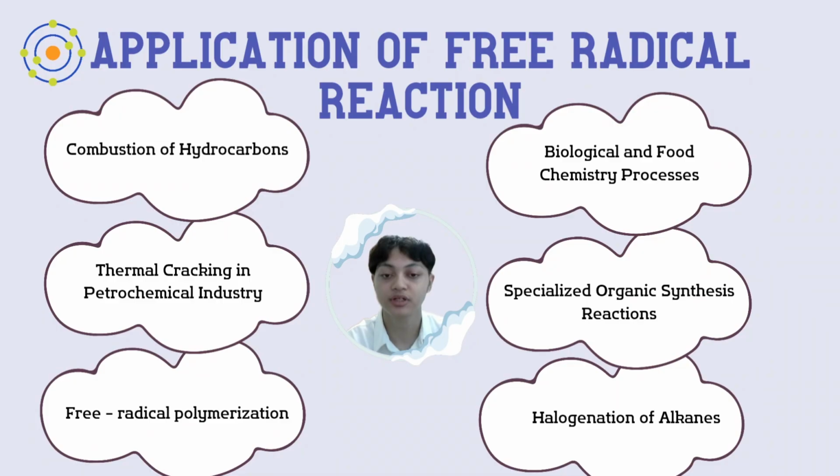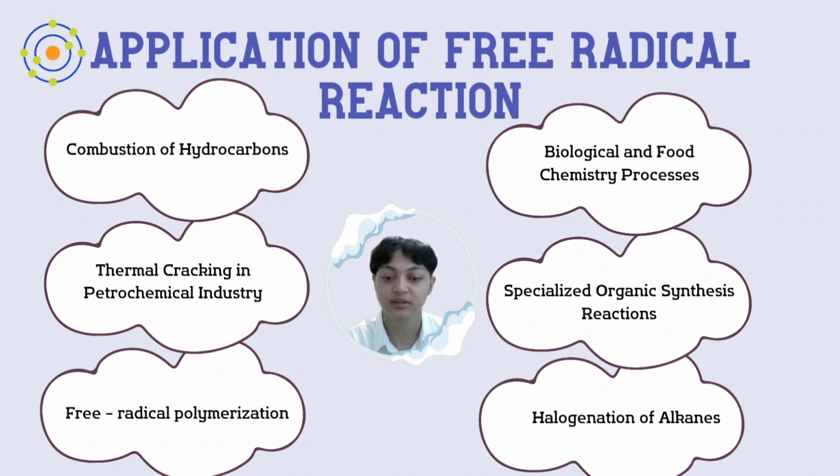For free radical polymerization, one of the important industrial uses of radical chemistry is polymer synthesis. Free radicals initiate the polymerization of monomers like ethene, propene, vinyl chloride, and styrene to form plastics such as polyethylene, polypropylene, PVC, and polystyrene.